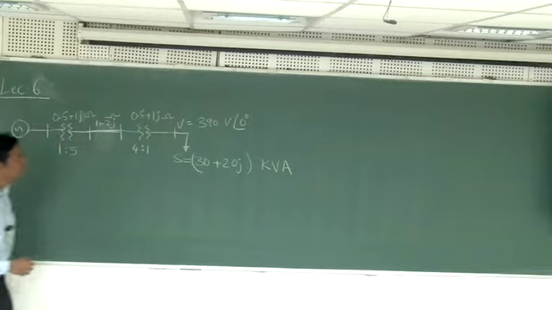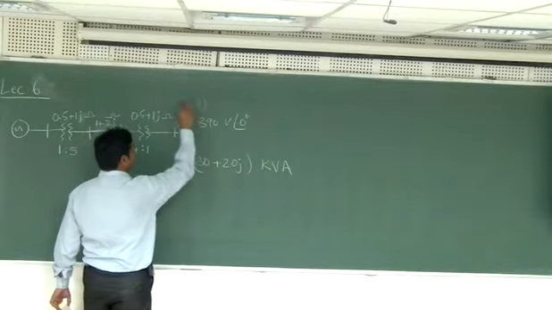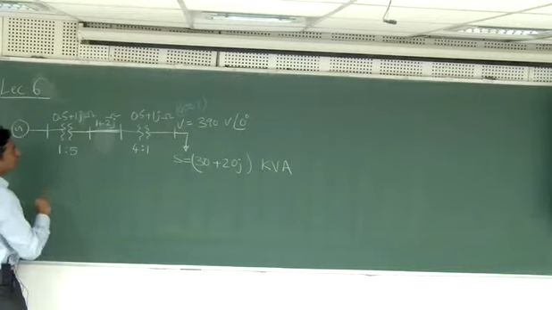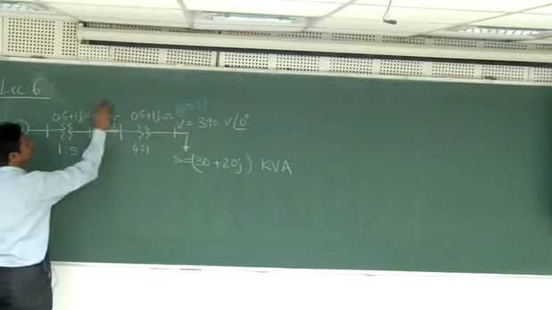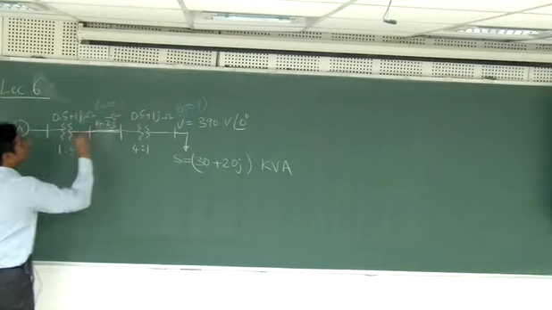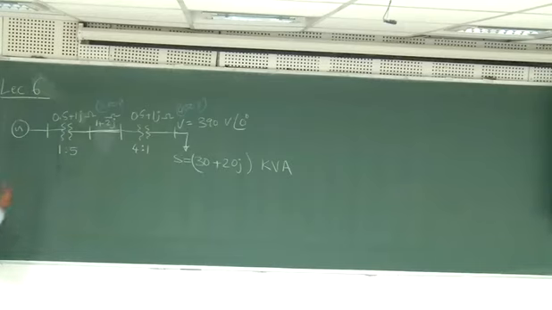What more data was given? 400. Let me write the ratings in blue. So this is 400 volts. What was the rating of the line? 1600, kV or V. What was the rating of this transformer?